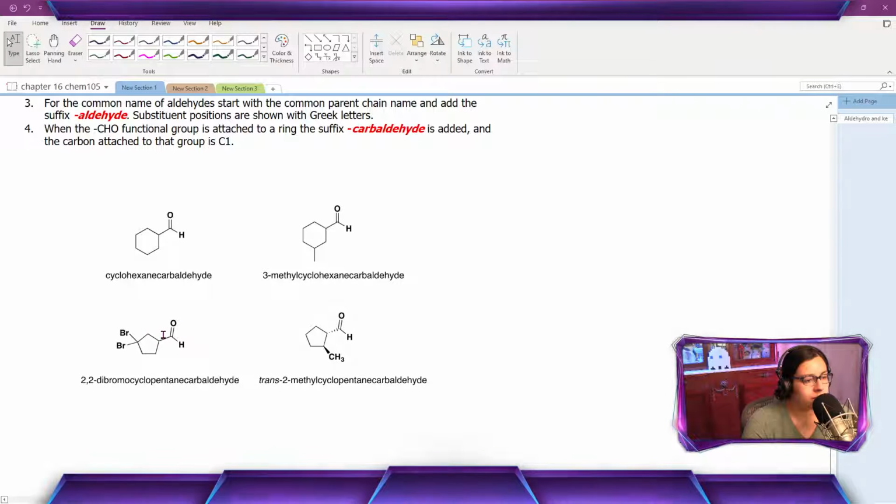This is in the 1 position. And then looking at this one, we have trans 2-methyl cyclopentane carbaldehyde.